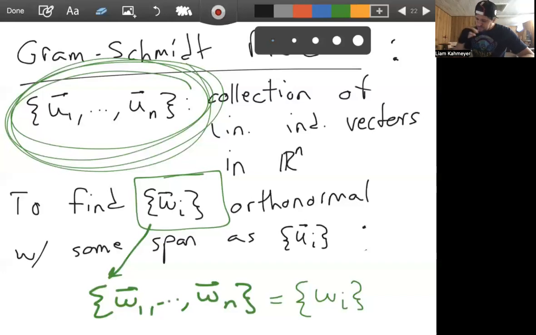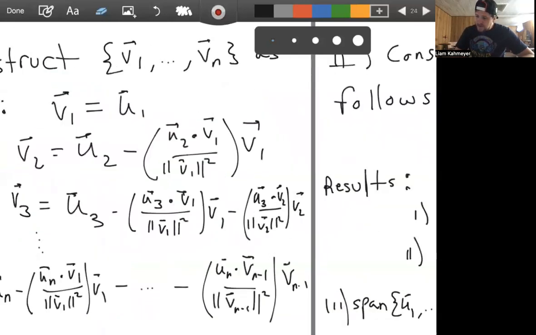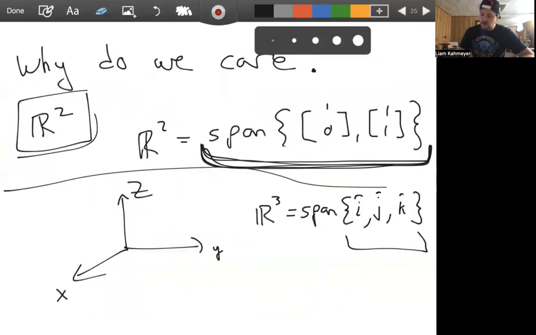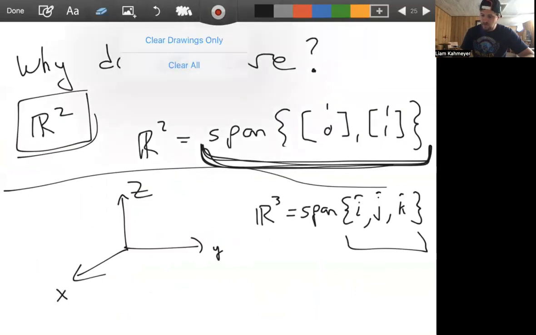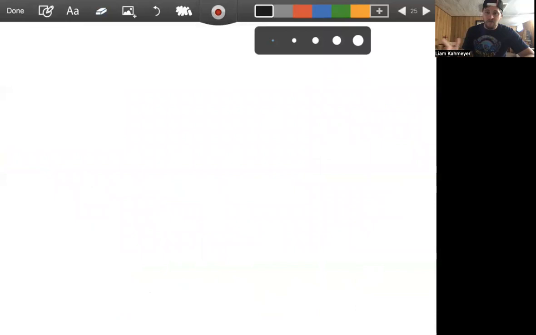And so what I was saying yesterday is, if you have a basis, let me just erase this whole page here. How do you do that? Cool. If you have a basis for some space, that's your notion of length.